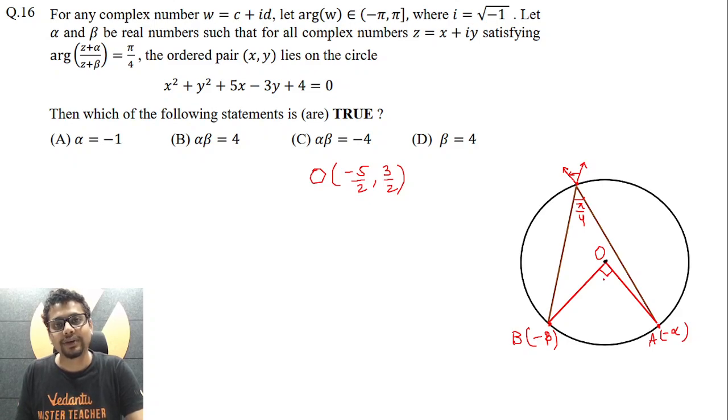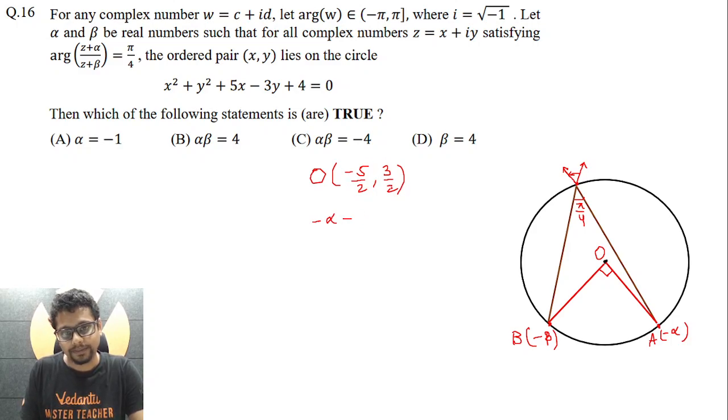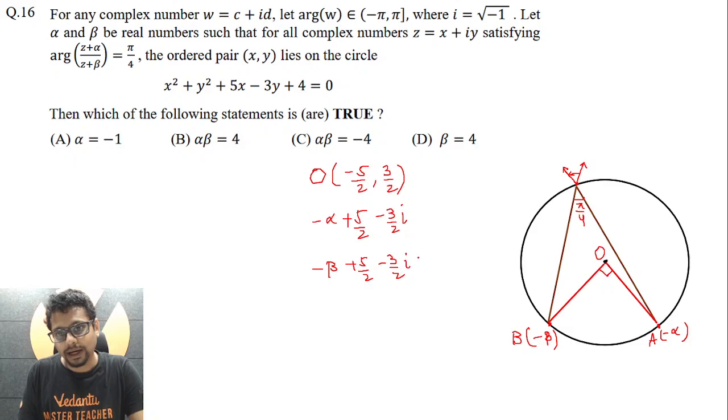I can think in terms of vectors when it comes to complex numbers. So here, OA vector I may represent as minus alpha minus 5 by 2 plus 3 by 2 iota, that essentially means minus alpha plus 5 by 2 minus 3 by 2 iota. And OB I can represent as minus beta plus 5 by 2 minus 3 by 2 iota.